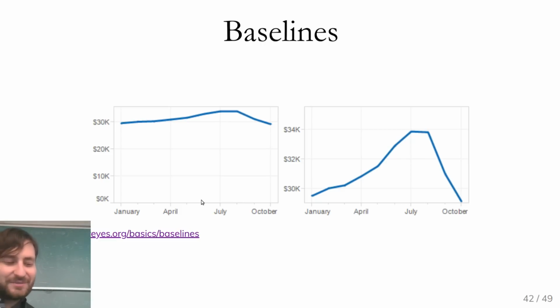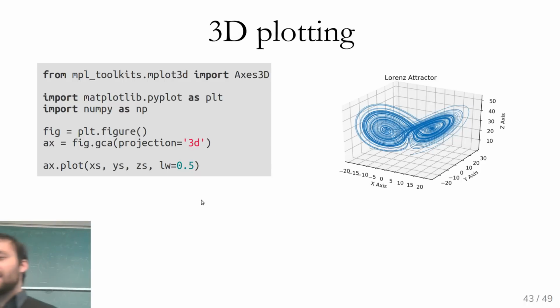Yes. Or maybe, hopefully. Another thing I want to talk about is 3D plotting. So here is a great example from the Matplotlib website, which shows the Lorenz attractor. To do 3D plotting in Matplotlib, you have to import this, from mpl_toolkits.mplot3d import Axes3D, and then never use it.